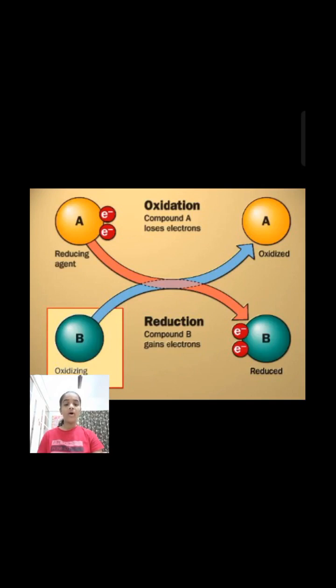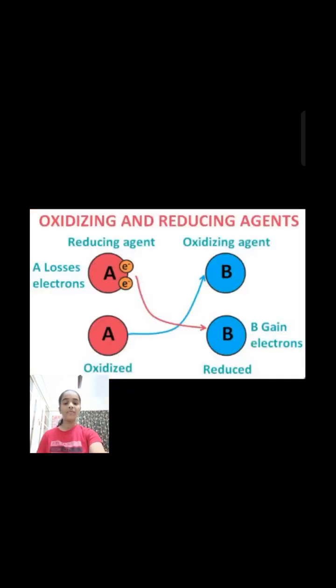Now we will see oxidation and reduction. The process of adding oxygen or removing hydrogen is known as oxidation, whereas adding hydrogen or removing oxygen is known as reduction. Now we will see oxidizing and reducing agents.